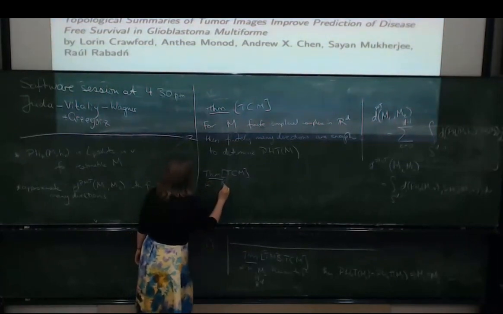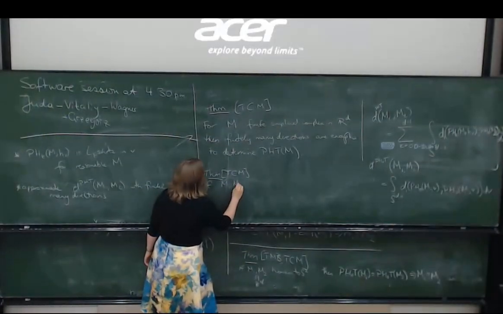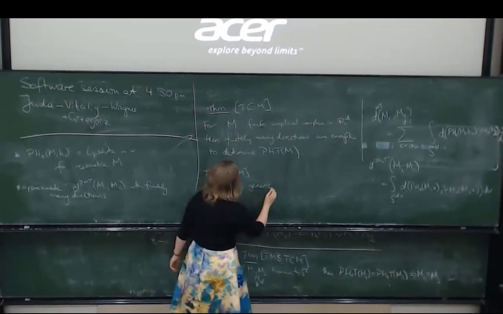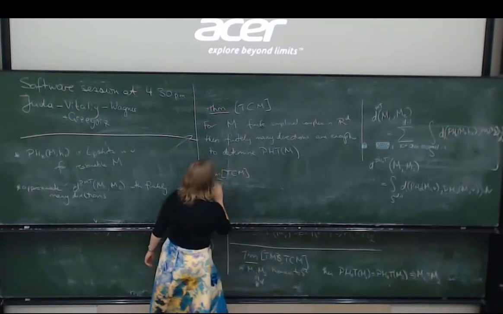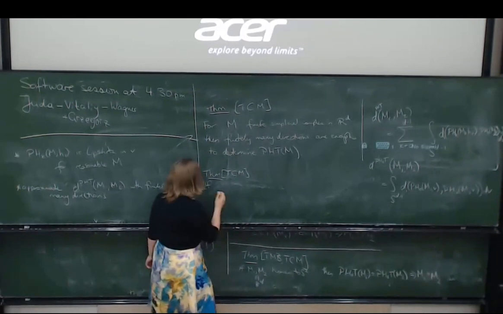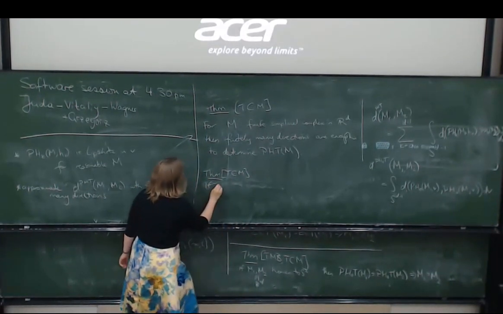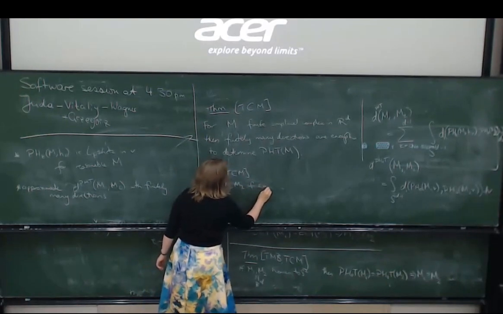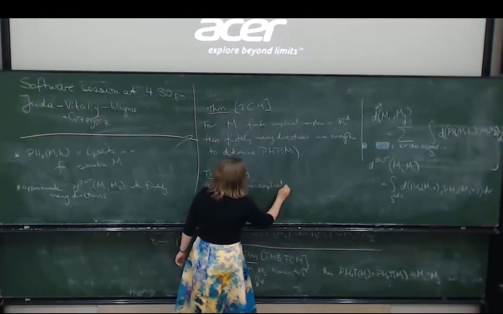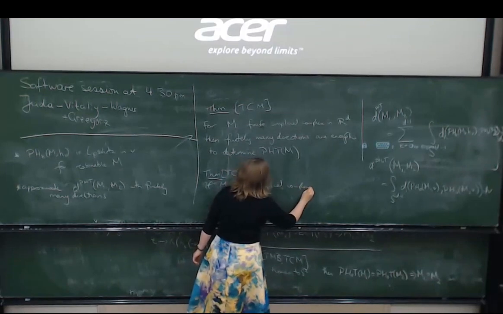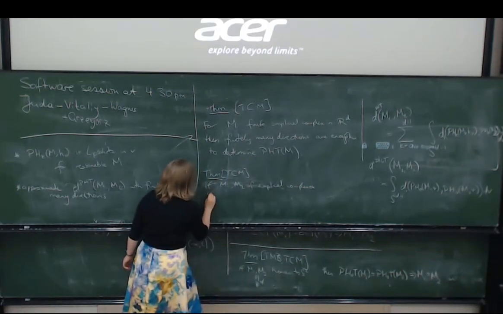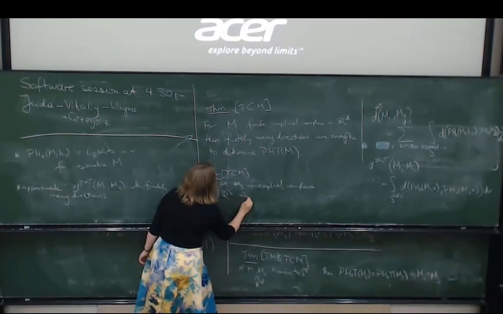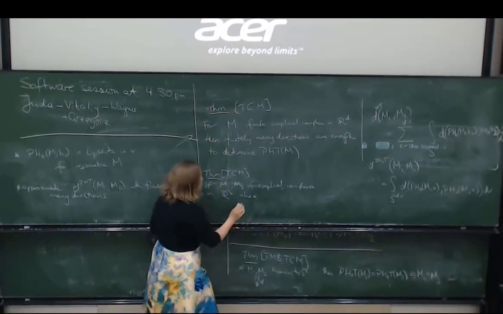If M1, M2 generic. Oh, well, okay, I'll be more precise. If M1, M2 are finite simplicial complexes in R to the 3, whose vertices are in general position. That's fine.